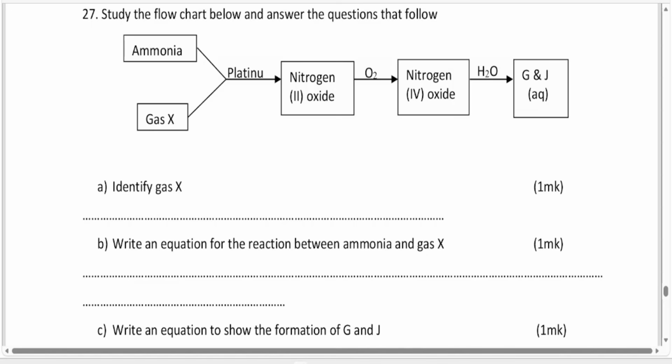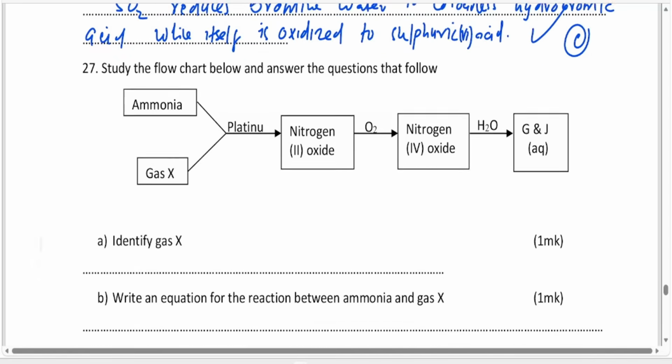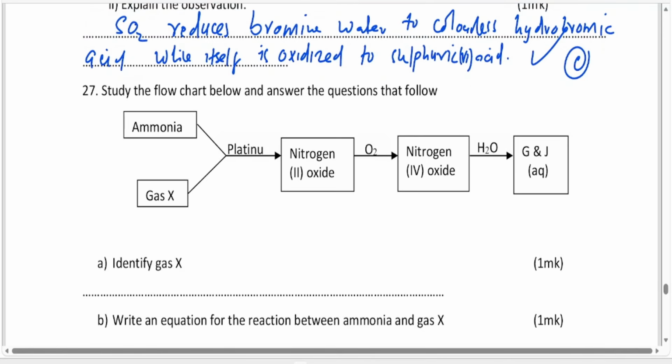And students, you can easily notice that this is manufacture of nitric 5 acid, large scale manufacture of nitric 5 acid. And we begin with ammonia. Ammonia reacted with oxygen. So in this case, this is oxygen gas in presence of platinum catalyst to give us nitrogen 2 oxide.